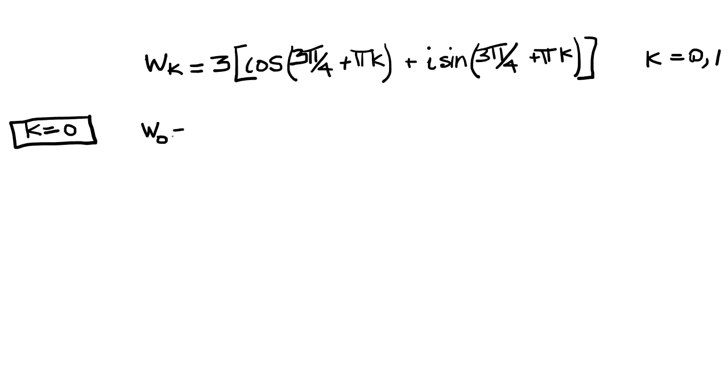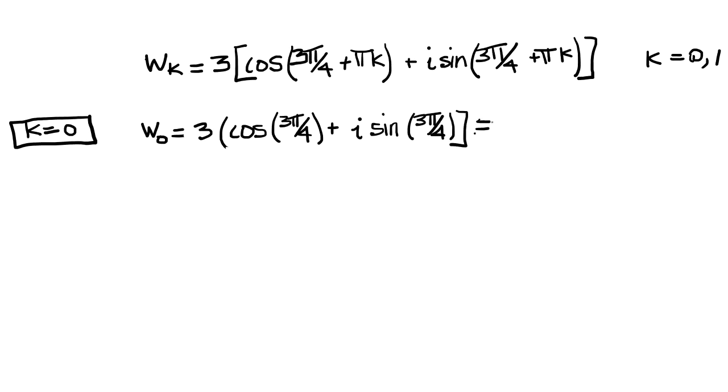Considering our first case, we'll find our first root. So w sub 0, w naught, equals 3 times the cosine, when k equals 0, I'm just going to get the cosine of 3 pi over 4. I might notice there that 3 pi over 4 is in quadrant 2, and my reference angle is pi over 4.